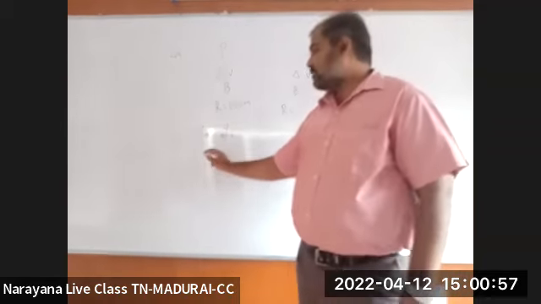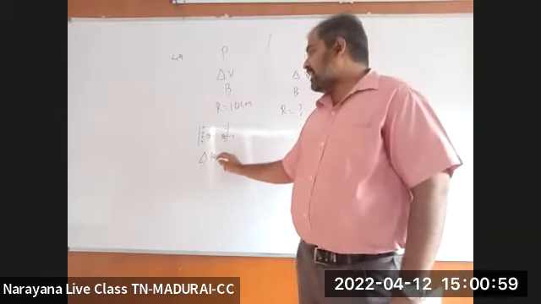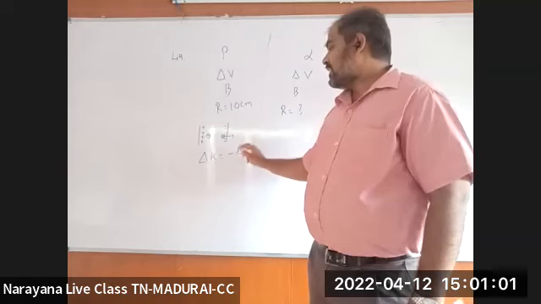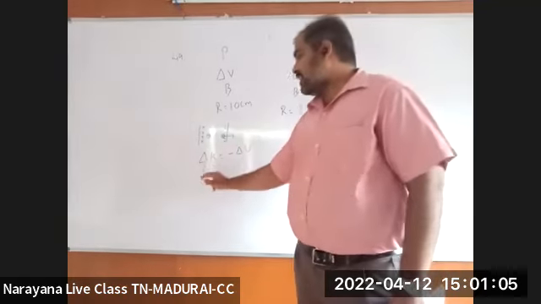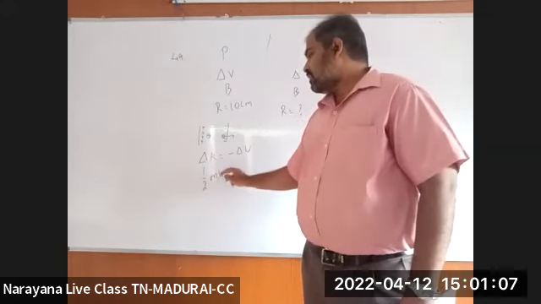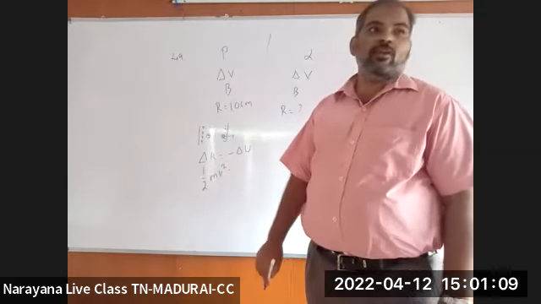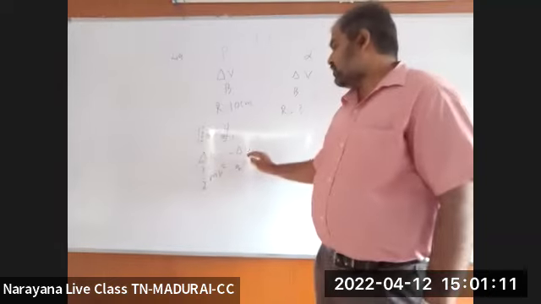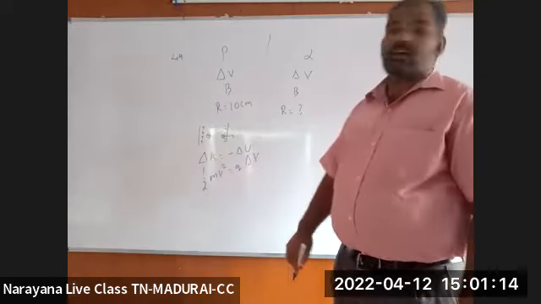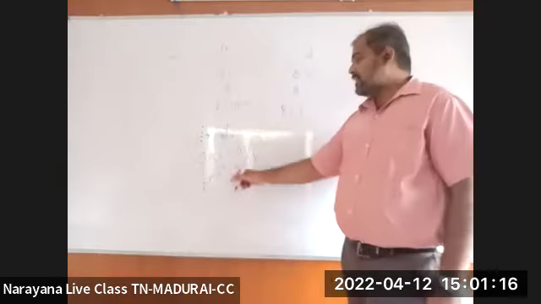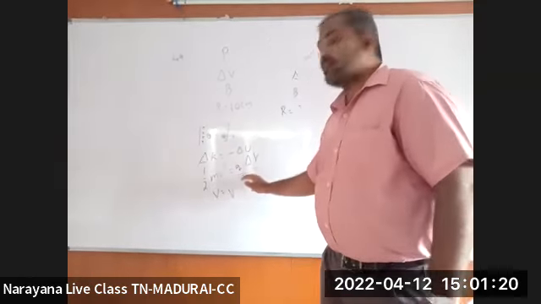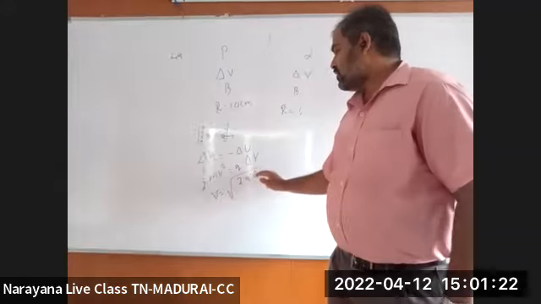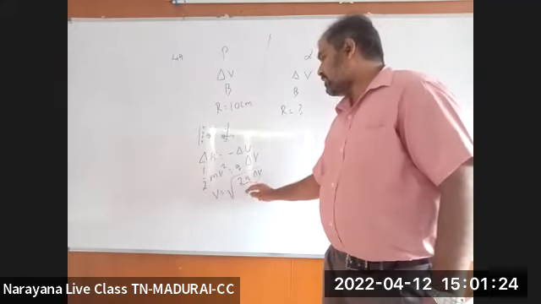I can write one statement: increase in kinetic energy equal to decrease in potential energy. What is increase in kinetic energy? Half mv square. What is decrease in potential energy? Q into delta V. What is speed of each and every charge? V is equal to how much? Under root of, directly I am writing, 2 into Q into delta V divided by mass.